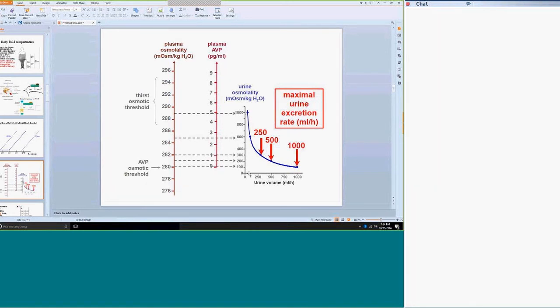It concentrates urine and there will be very, very small volumes of urine. As soon as the plasma osmolarity hits about 280, that is when we start feeling thirsty and start drinking water, and this is all well balanced.